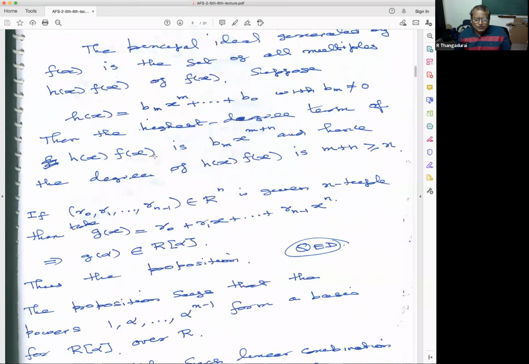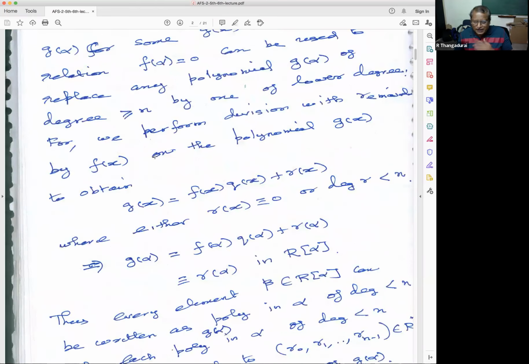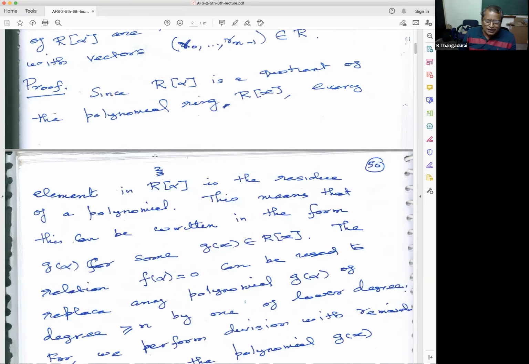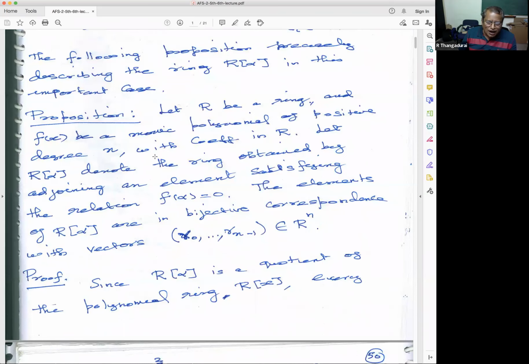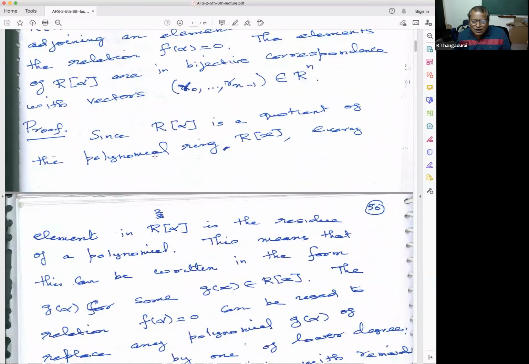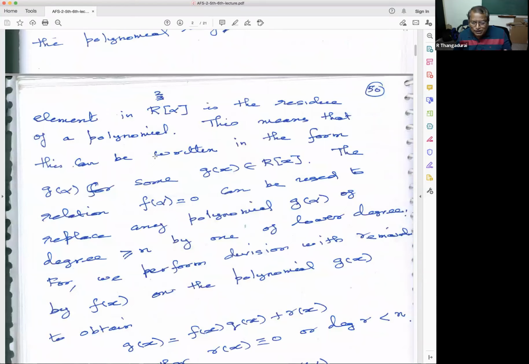So this says that if we adjoin an element alpha to the ring R, where alpha satisfies a monic polynomial relation, then R of alpha has a basis 1, alpha, alpha square, up to alpha power n minus 1.